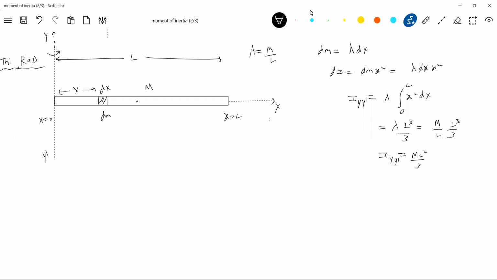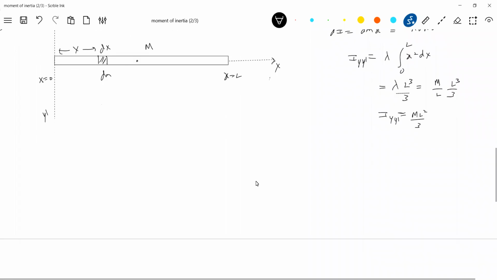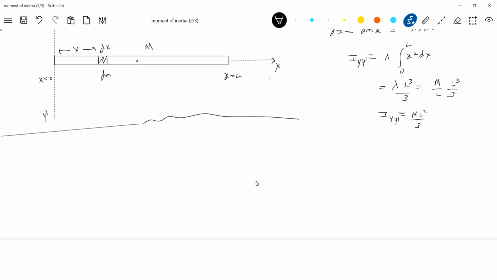So let's take this is a thin rod, no? The same thin rod about an axis passing through its midpoint, or about center of mass.